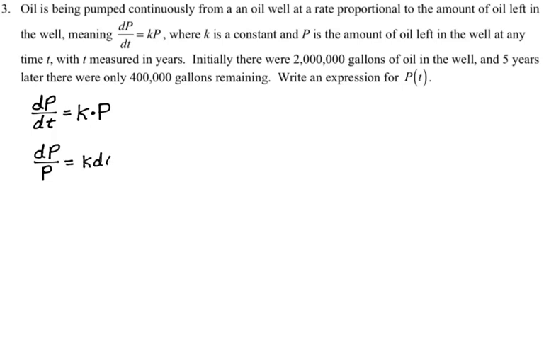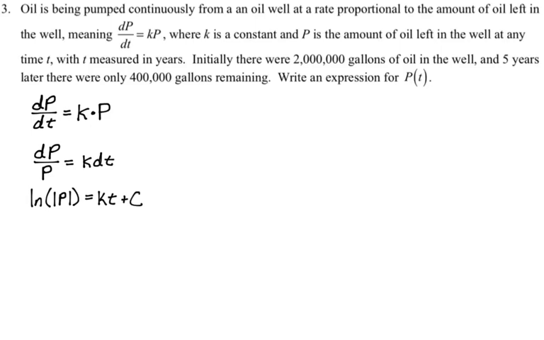So this is separation of variables. If you haven't done a lot of this, there are definitely other videos that can help with this. On the left-hand side, it's dP over P. That's definitely a natural log, so natural log absolute value of P. And on the right-hand side, it's going to be kt plus C. So the constant goes on the right-hand side with the independent variable.